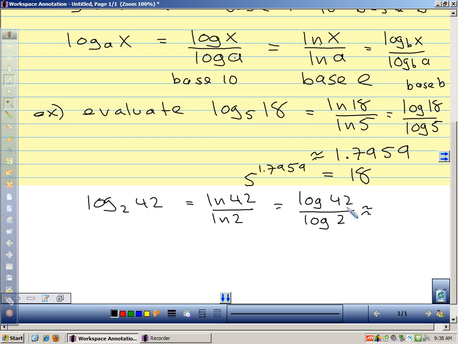And when we plug that into our calculator, you should get about 5.3923. Either one of those should come out to be about the same. And this is the same as saying 2 to the 5.3923 power is approximately equal to 42.